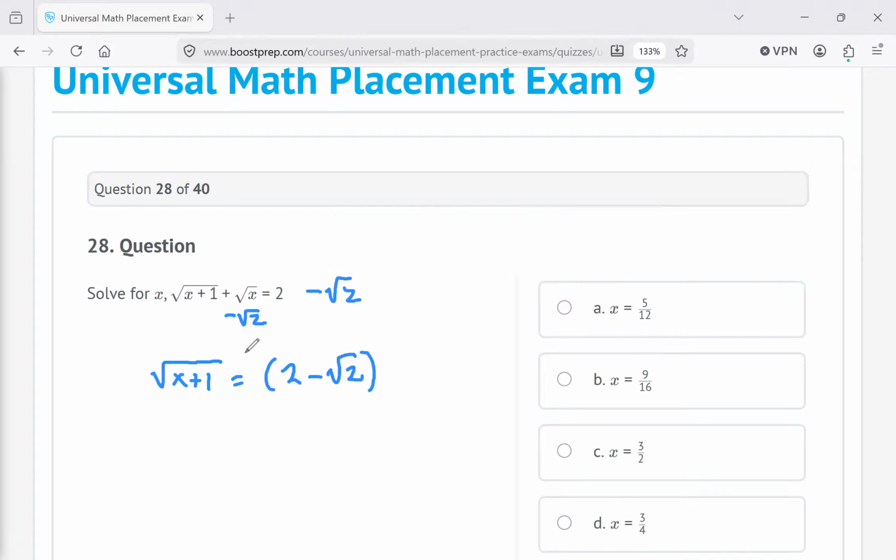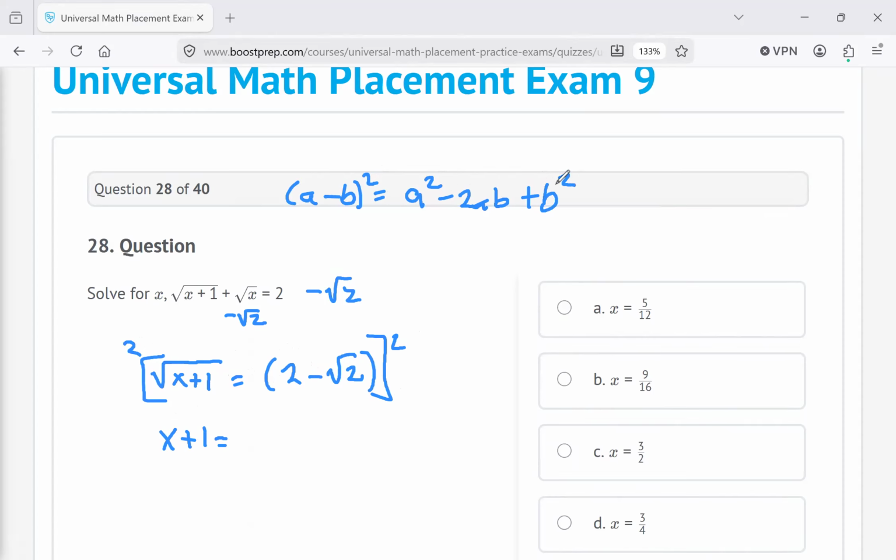Now you can square both sides. On the left, when you square the radical, it just disappears. On the right, you kind of have to FOIL it out, or you could do the shortcut: a minus b squared equals a squared minus 2ab plus b squared.